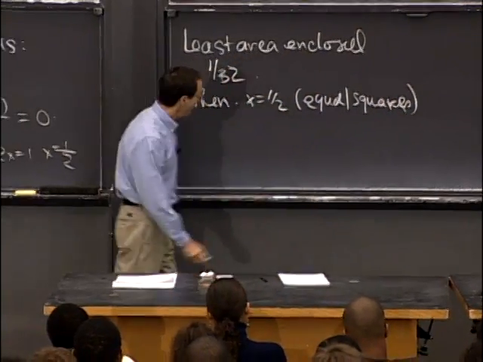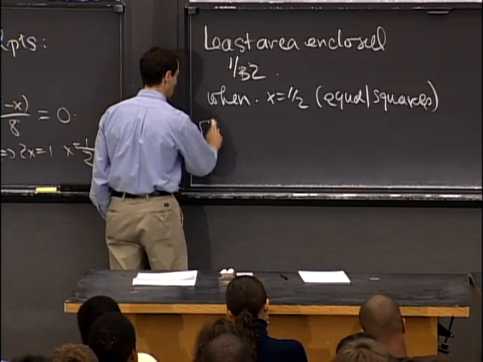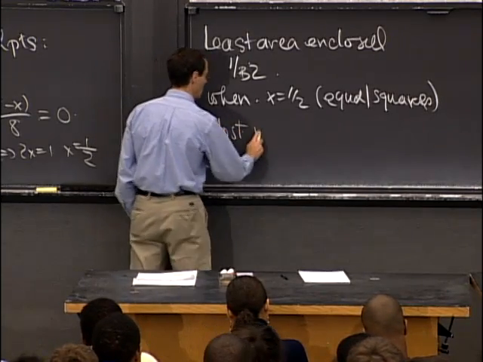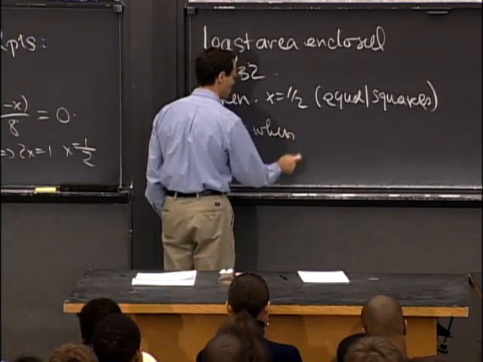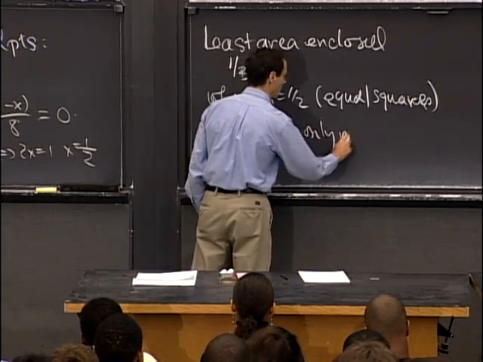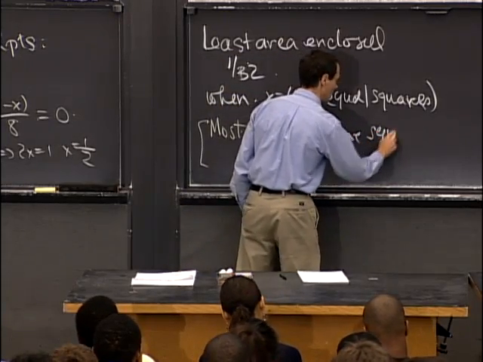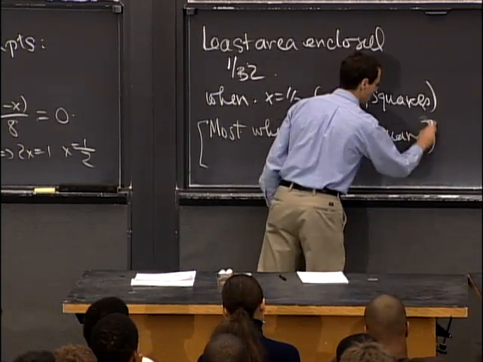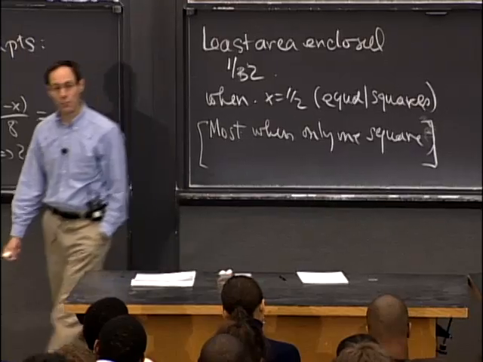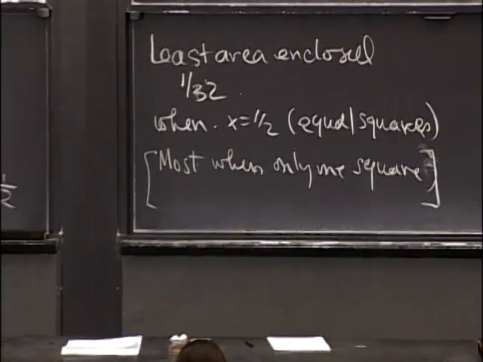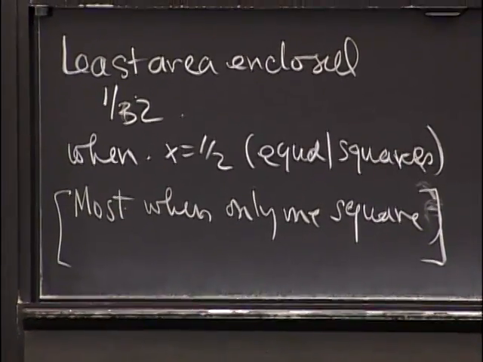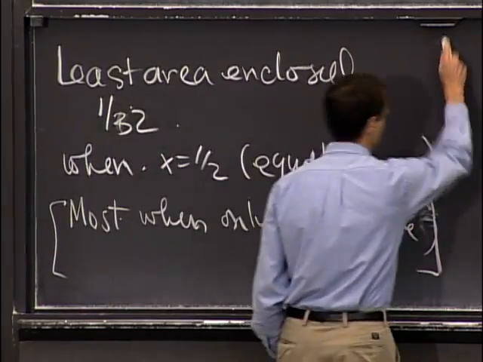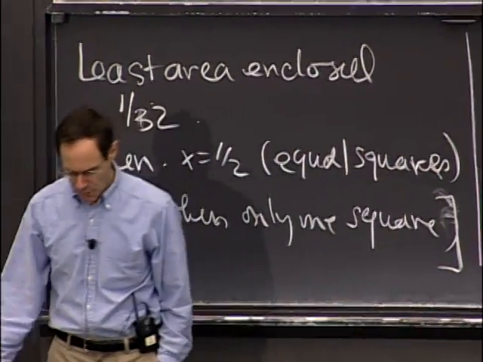And the largest is when there's only one square, which is more or less the limiting situation if one of the pieces disappears. All right? Now, so that's the first kind of example.